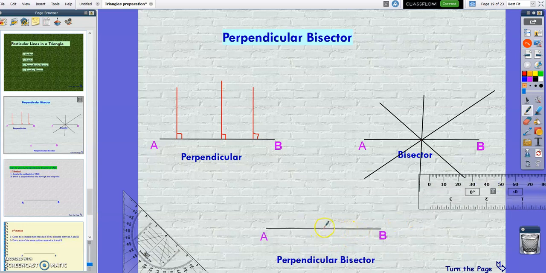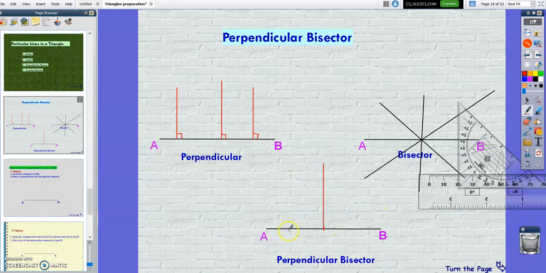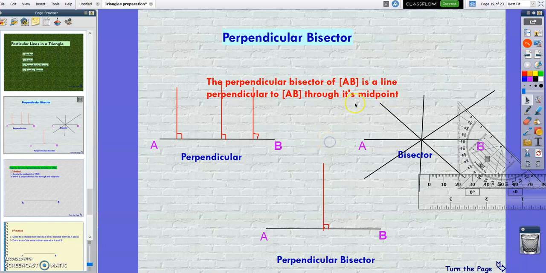Then draw a perpendicular to AB through this point like that. So this line is the perpendicular bisector of the segment AB. It's perpendicular because it makes a 90-degree angle and bisector because it passes through the midpoint of AB. So the perpendicular bisector of AB is a line perpendicular to AB through its midpoint.